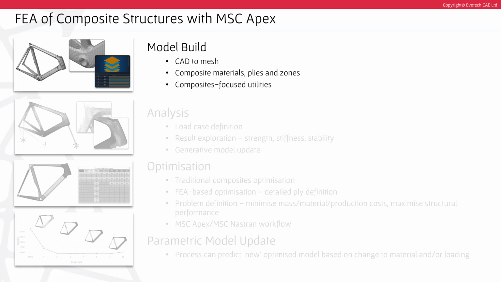We've got a number of utilities in the Apex environment that allow us to import materials, sheets and plies and stacks and laminates to update or to build and update our composite models very quickly and easily. And then of course we've got our loading and boundary condition definition.